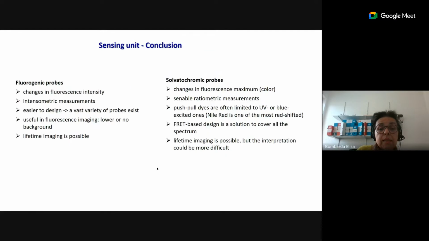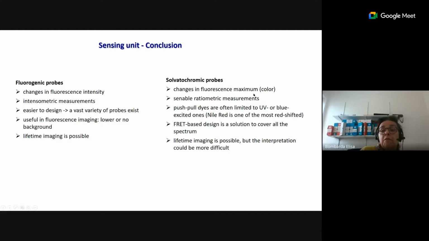Okay, so I see that with this overview about the general probes we can end. Just some conclusions, to fix the concept about the fluorogenic probes, where we follow intensity, and that in principle they are easier to design, and they may allow lifetime imaging more easily.